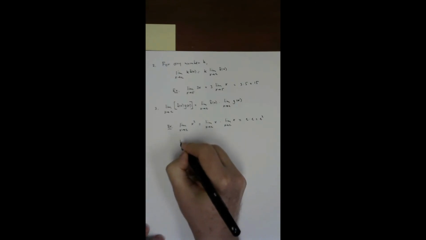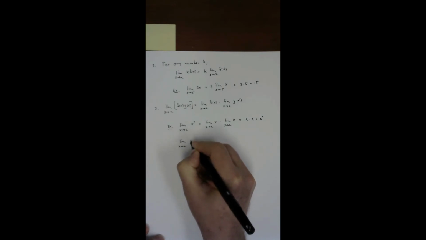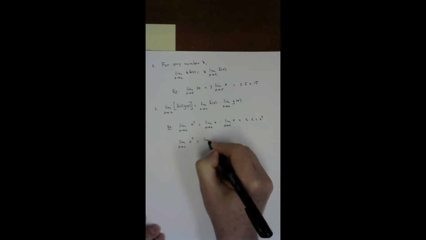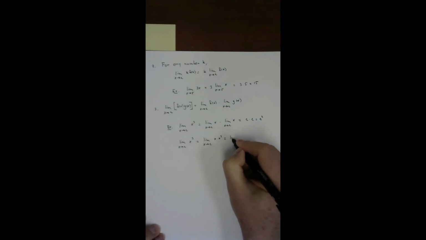What if we had the limit as x goes to c of x cubed? Well, we would think that this would be c cubed. And in fact, we can show that's the case because this is the limit as x goes to c of x times x squared. We can use our third limit law. The limit of the product is the product of the limits.